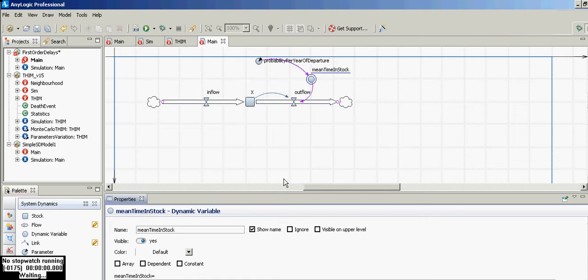If we formulate the outflow in terms of mean time in the stock, what's the formula? Ellen gave it earlier. X divided by tau. Good. And what is tau in terms of alpha?